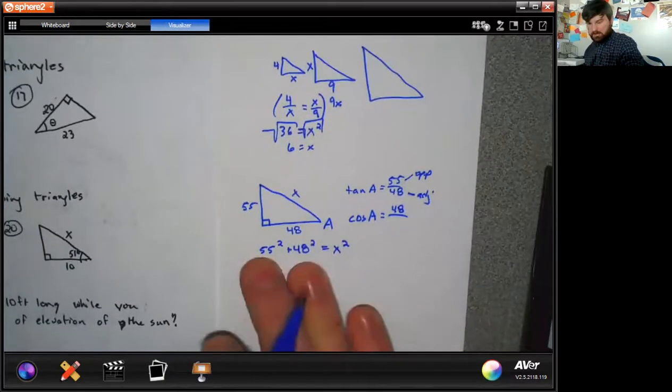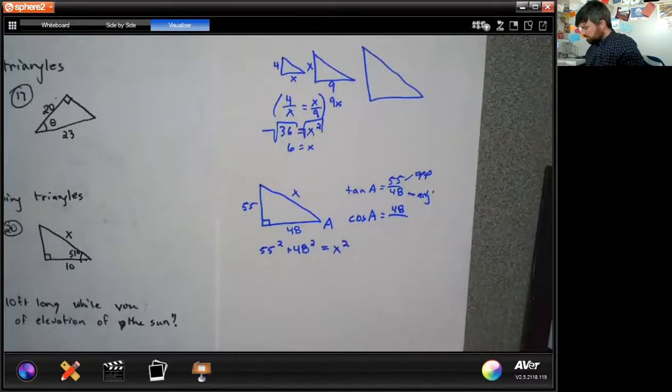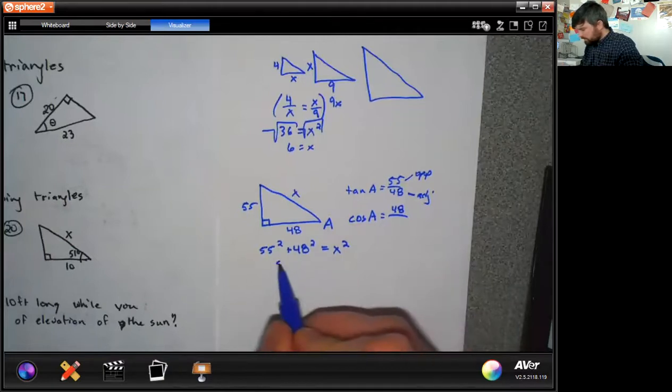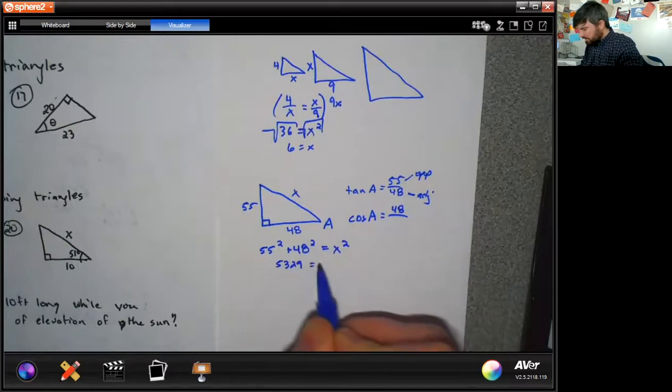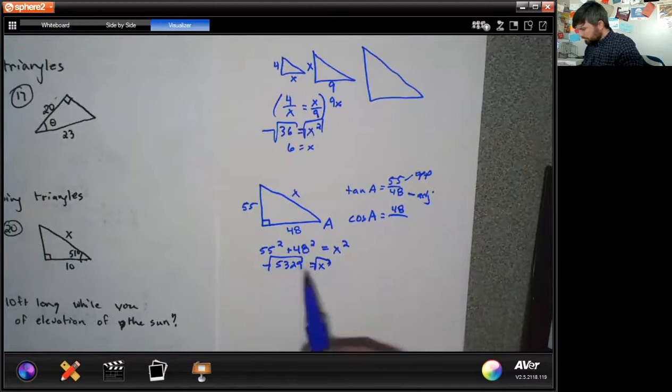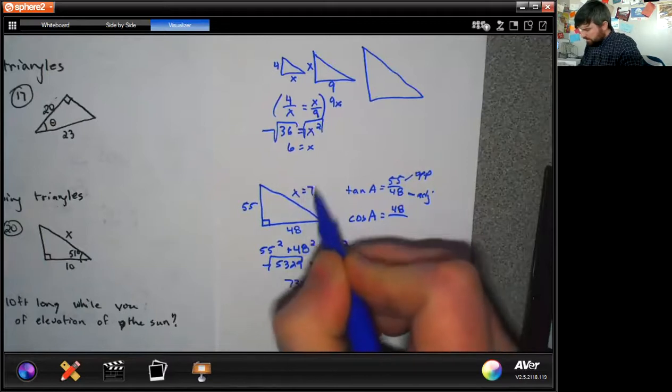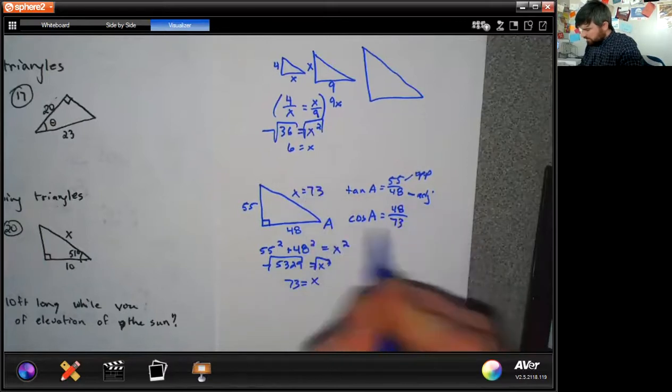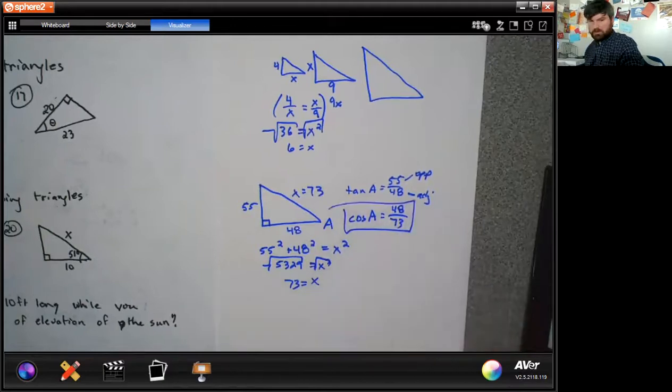If I add these two up, 55 squared plus 48 squared, that's 5329. And then I got to take the square root of that, which is 73. So this is 73. So cosine of A is 48 over 73.